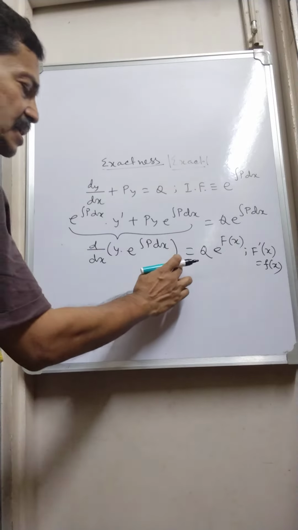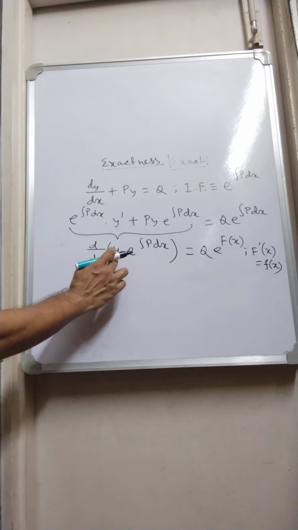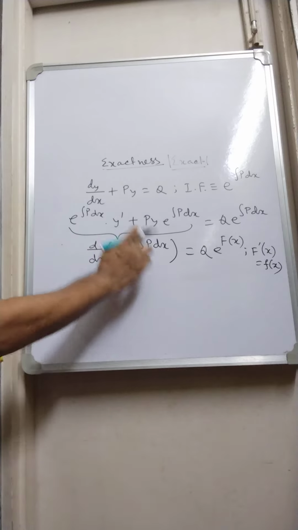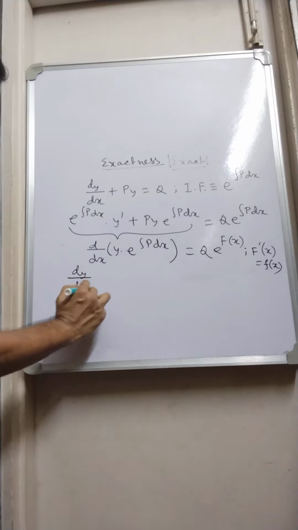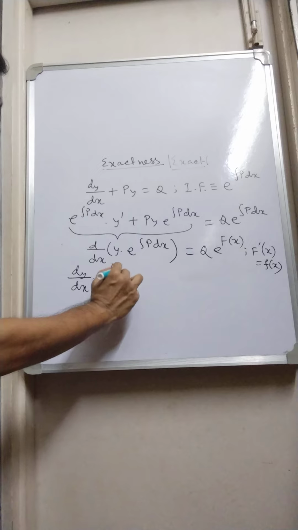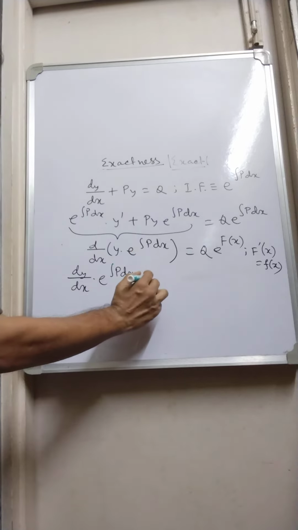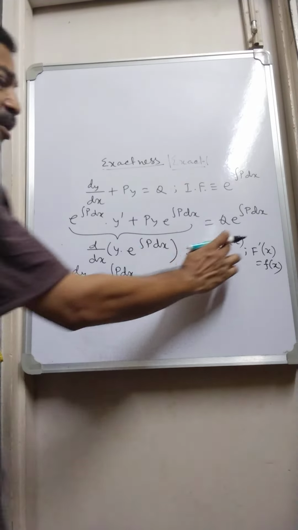Now what about this? Whenever we take the derivative of this, it is dy/dx, y prime, multiplied with e to the power integral p dx, plus y times the derivative of e to the power F(x).